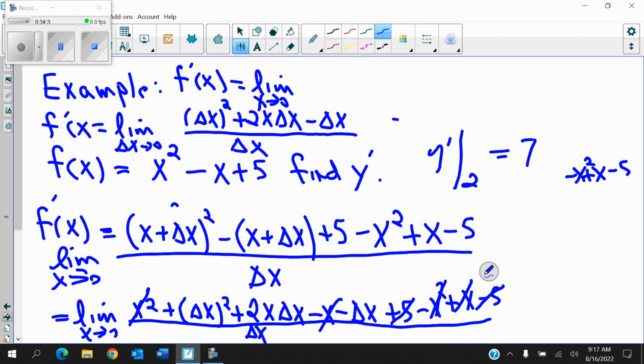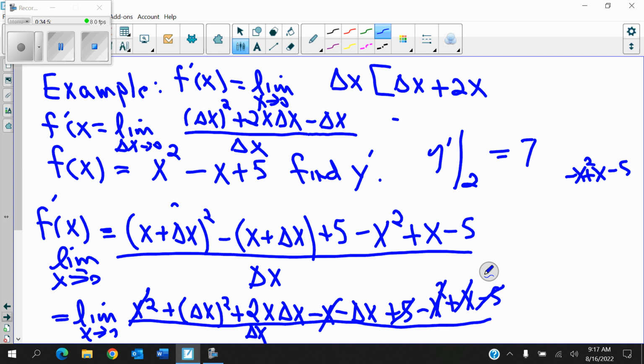We're going to take a delta x out, which is going to leave us with what? Delta x plus 2x. Is everything else canceled out here? Minus 1.